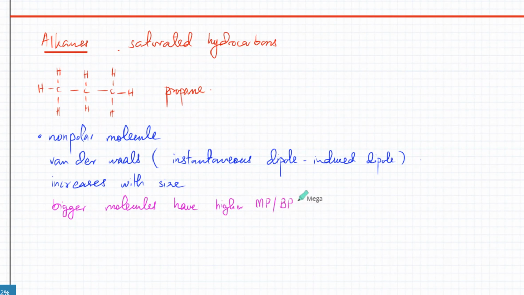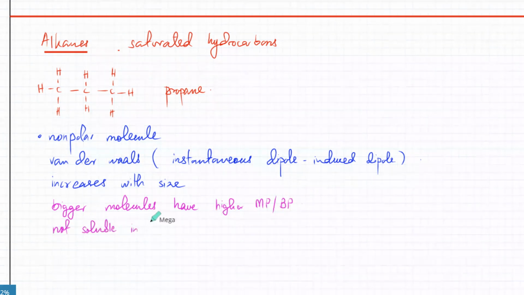So that's one thing, and alkanes are not soluble in water because of that. So not soluble in polar solvents like water, because it's not going to attract it.